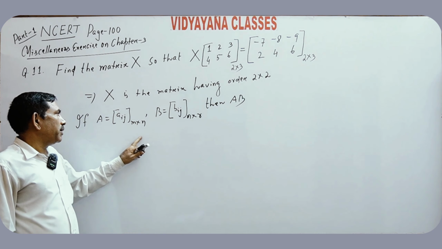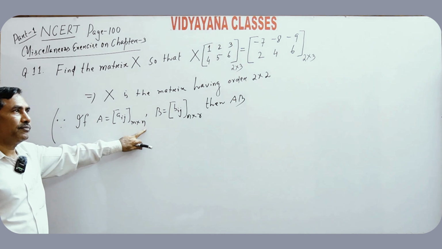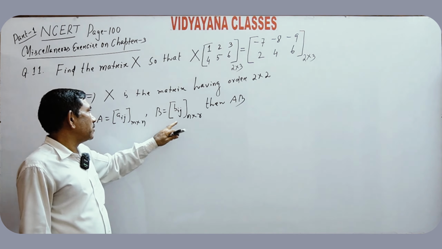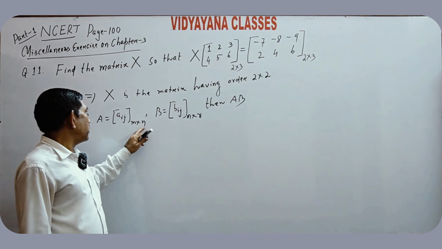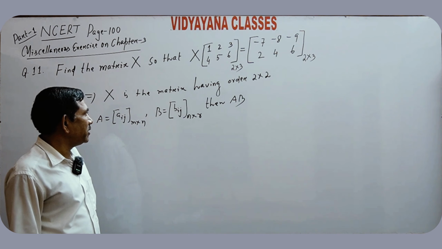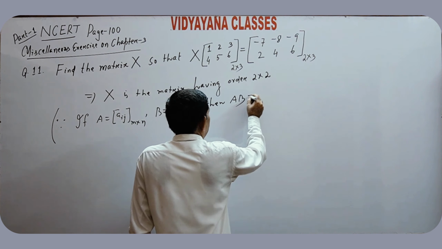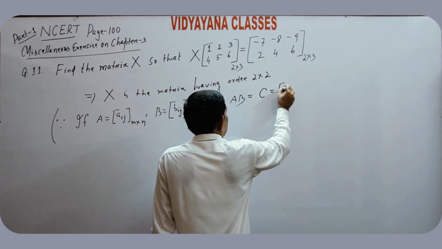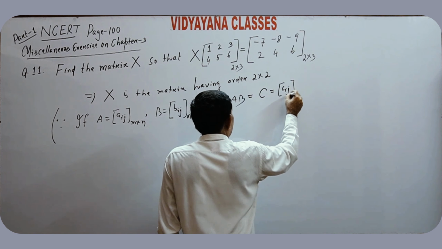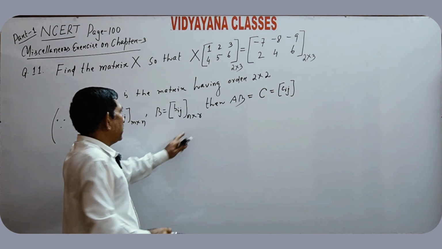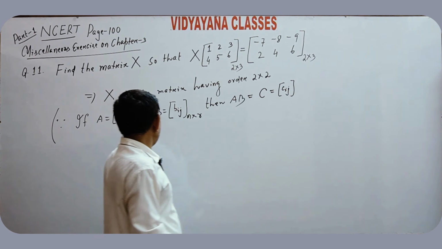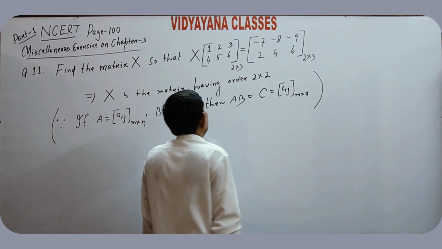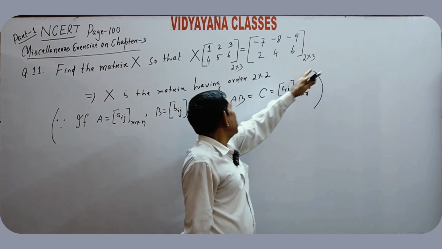Matrix multiplication is defined when the number of columns of A is equal to the number of rows of B. N is equal to N, so the matrix multiplication is defined. AB is equal to capital C, the matrix Cij. M cross N, N cross R, the result will be M cross R. The result is 2 cross 3.